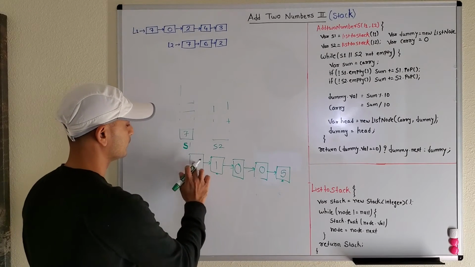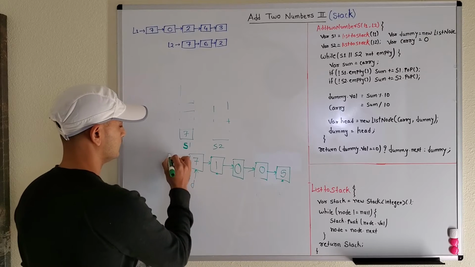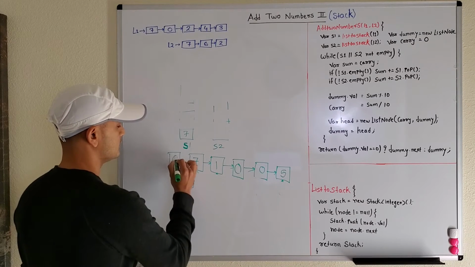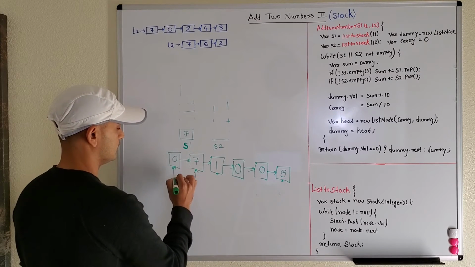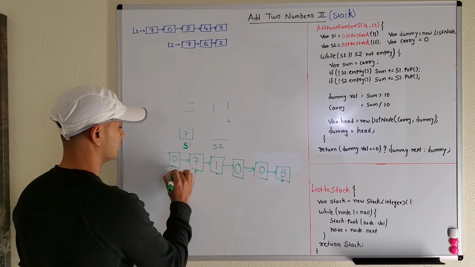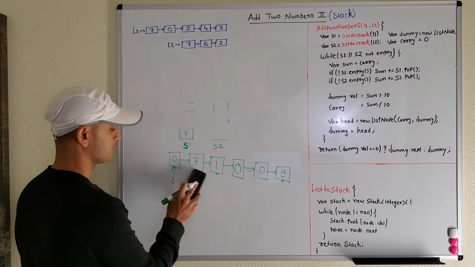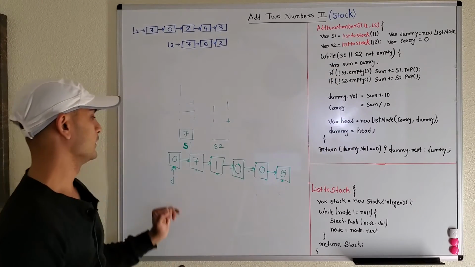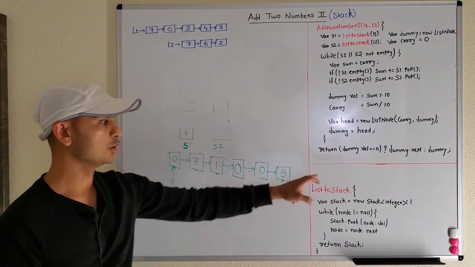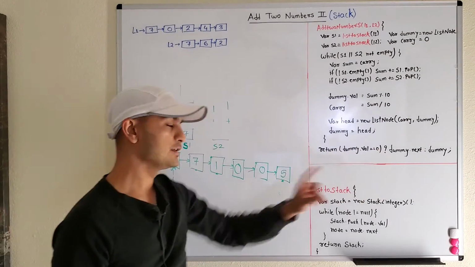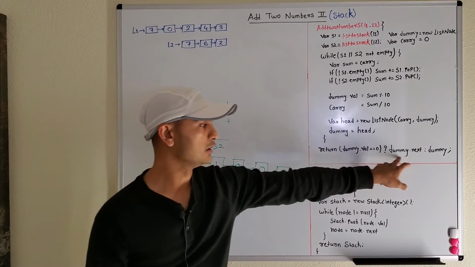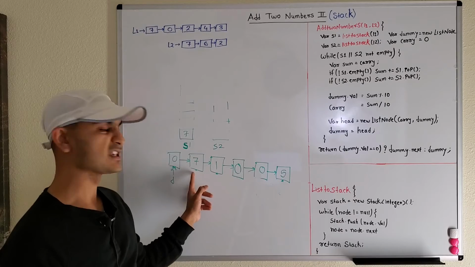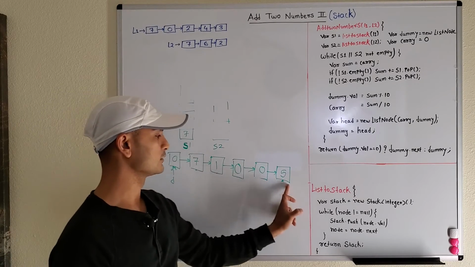So this becomes 7, we have carry, which is 0, and dummy goes here. This is our output list formed by this logic, and once this while loop is done, what do we do? If dummy value is 0, we return dummy.next. So we'll return from this node, and this will be our output list.